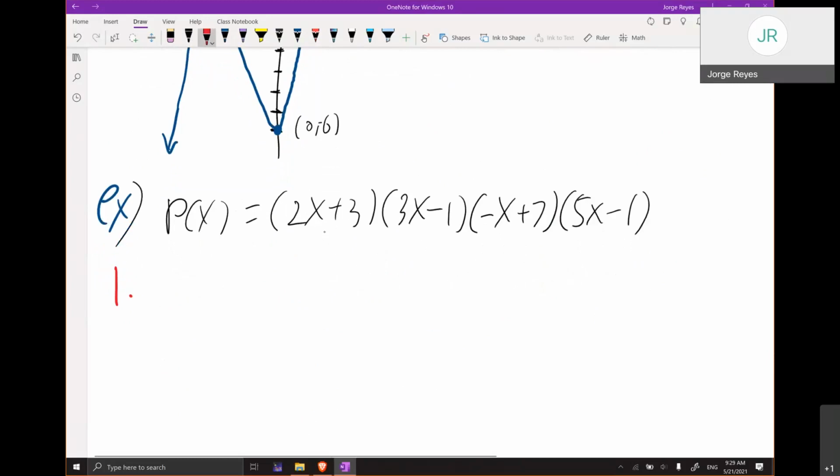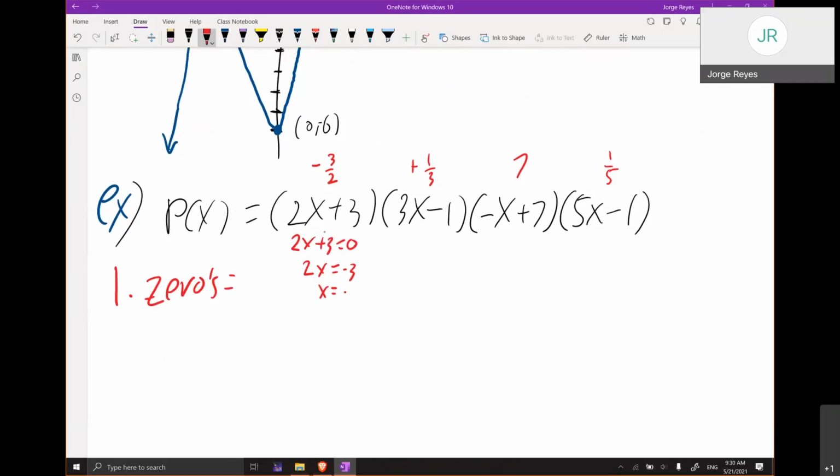So you actually have to solve them because they're a little annoying, right? So this zero is gonna be -3/2. This one's gonna be negative, no, it's gonna be positive 1/3. This one's gonna be 7. This one's gonna be 1/5. Okay, so those are the zeros, right? And if you're a little confused, you can always just solve it like this.